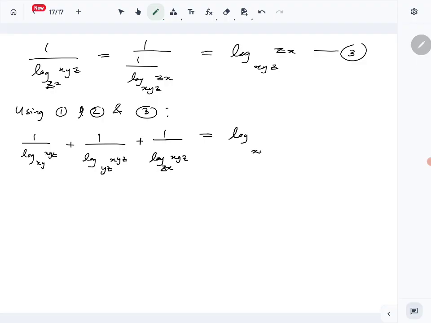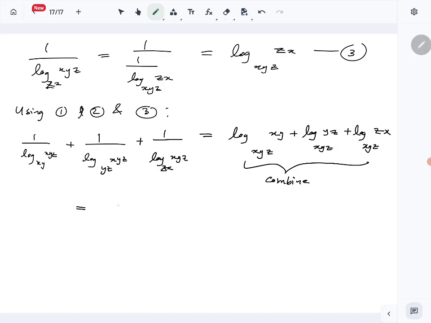Log xyz of xy plus log xyz of yz plus log xyz of zx. Now you have to combine these three logs into a single term using the product rule, because they are in the same base.